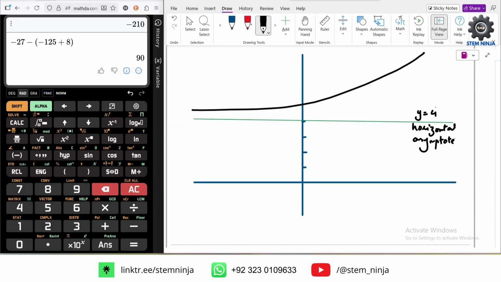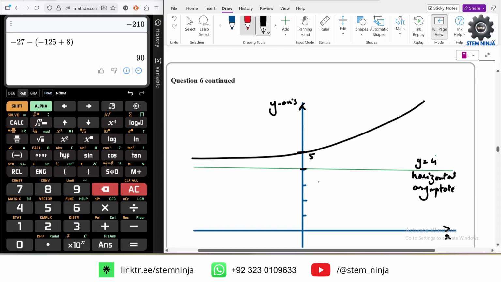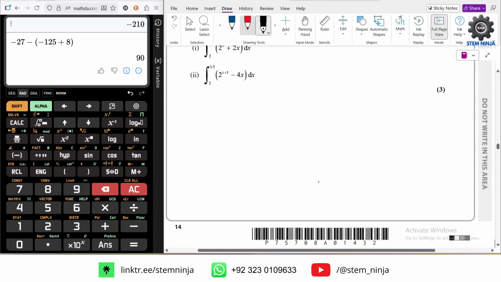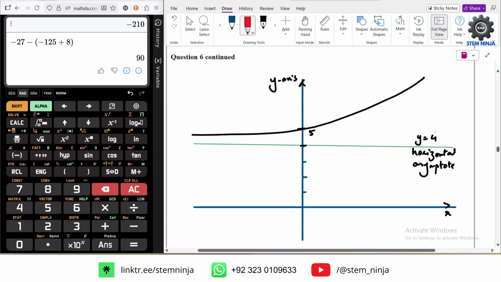Right, okay. So this is your 5. This is y is equal to 4. This is your y-axis. This is your x-axis. Okay, so you can write the y coordinate as 0, 5 also.